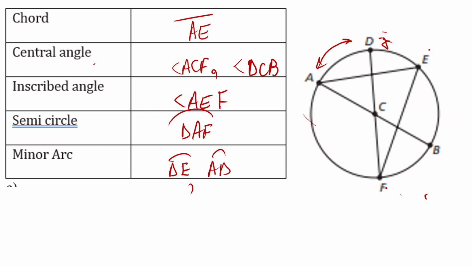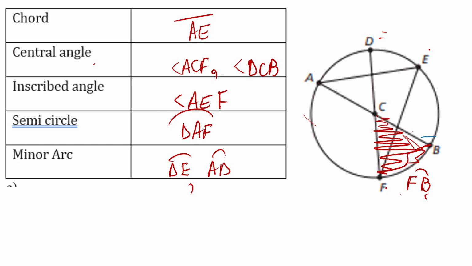Now they are asking where the major arc is. What you have to do is cut a minor arc, and the remaining part is the major arc. For example, if I don't want this part, yani FB, I know that FB is my minor arc. I want to cut this part. Now if I cut this part, what is left?